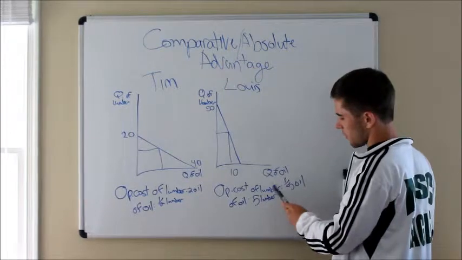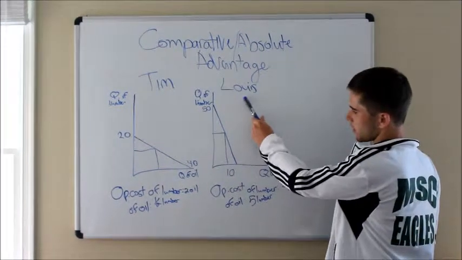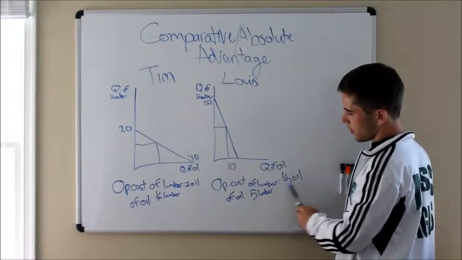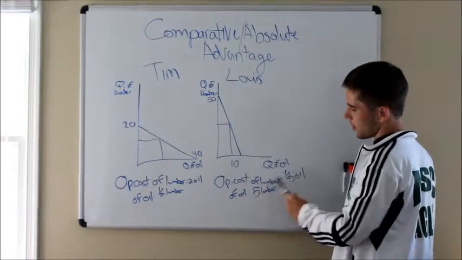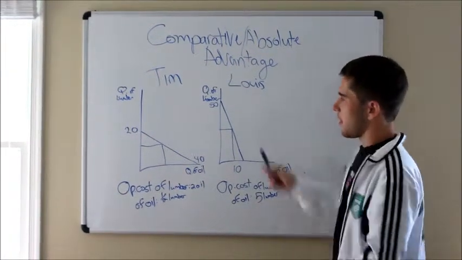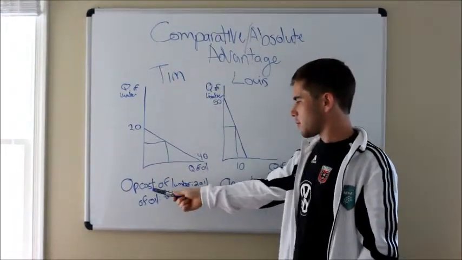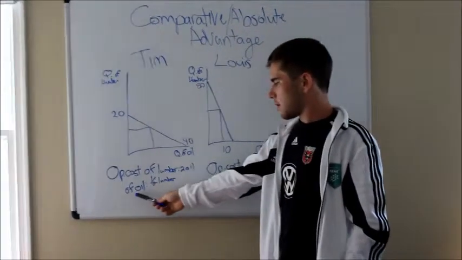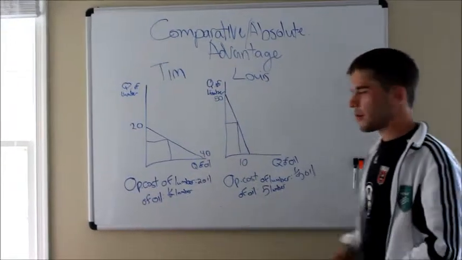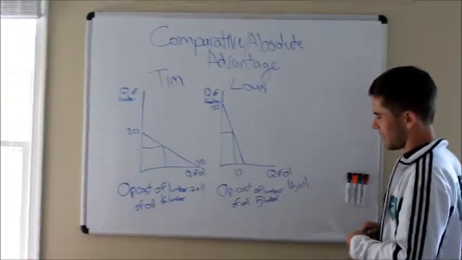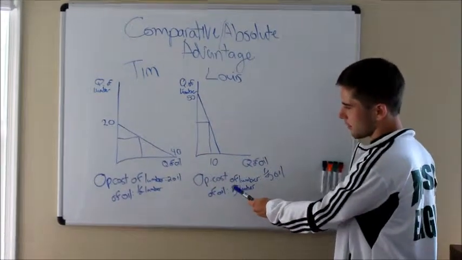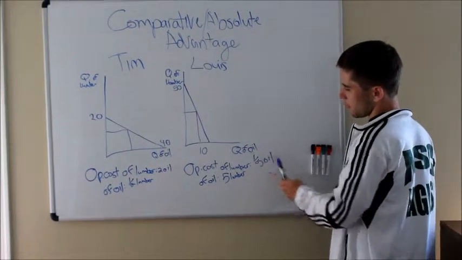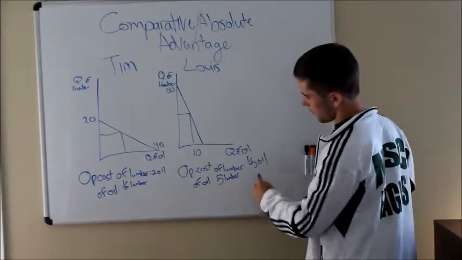The opportunity cost of producing lumber for Lewis is 1/5 oil, and for oil it's 5 lumber. For Tim, the opportunity cost for lumber is 2 oil, and for oil it's 1/2 lumber. From this we can see that the opportunity cost of producing lumber for Lewis is lower because it's 1/5.